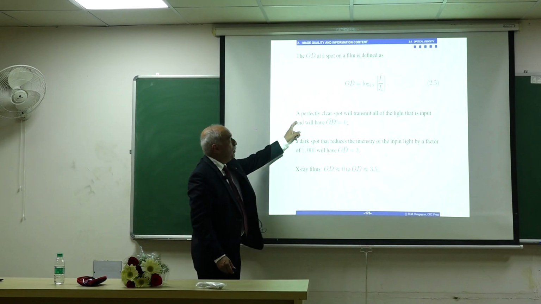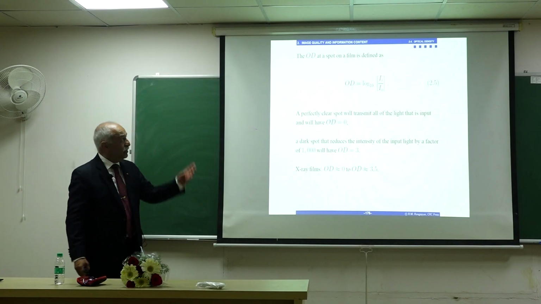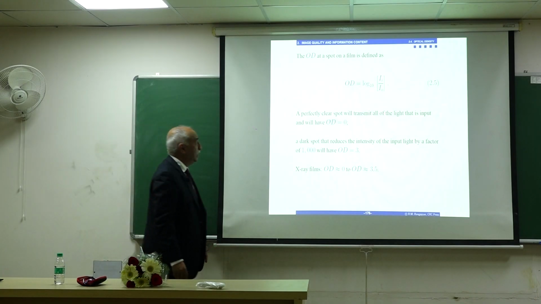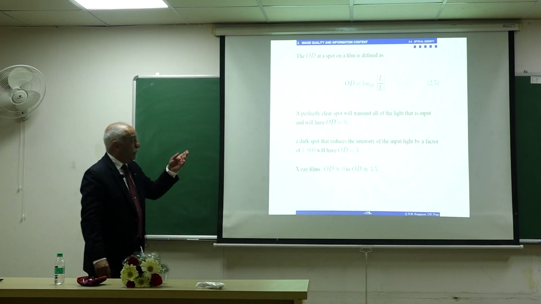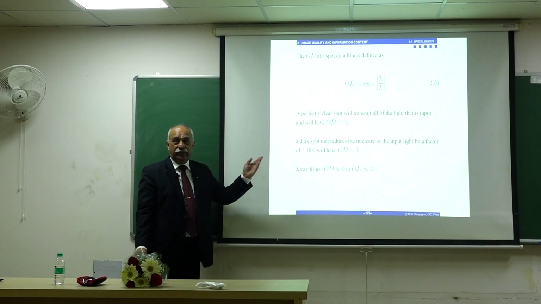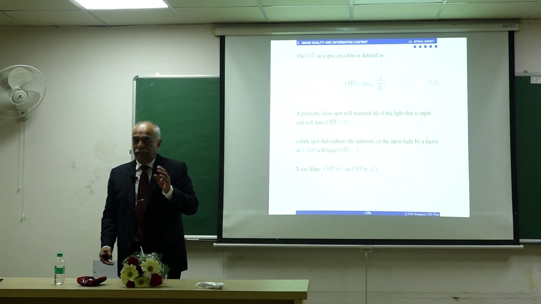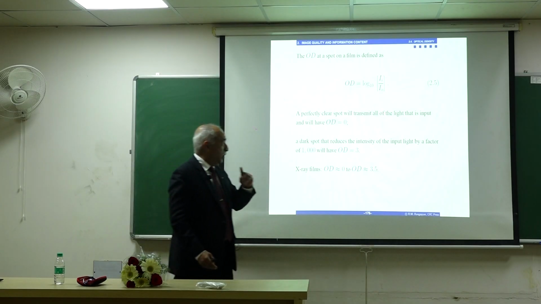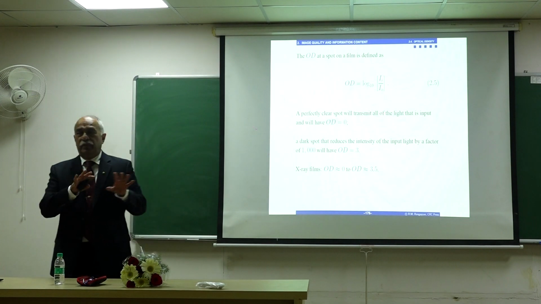A perfectly clear spot will transmit all of the light that you put in, so the optical density is 0, because there is log there, log of 1. A dark spot that reduces the intensity of the input light by a factor of 1,000 will have OD equal to 3. X-ray films were specially designed to have, for mammography, optical density 0 to 3.5, very dark, to clear.